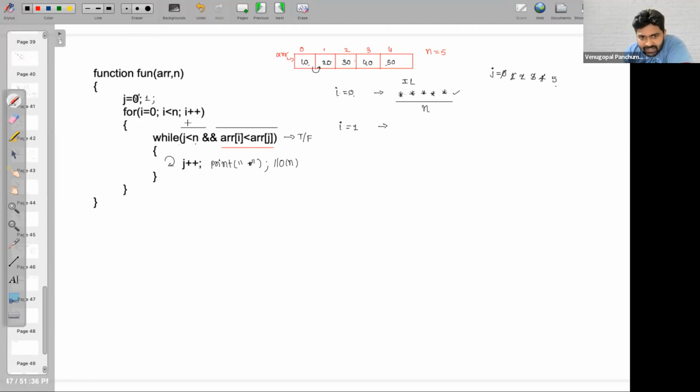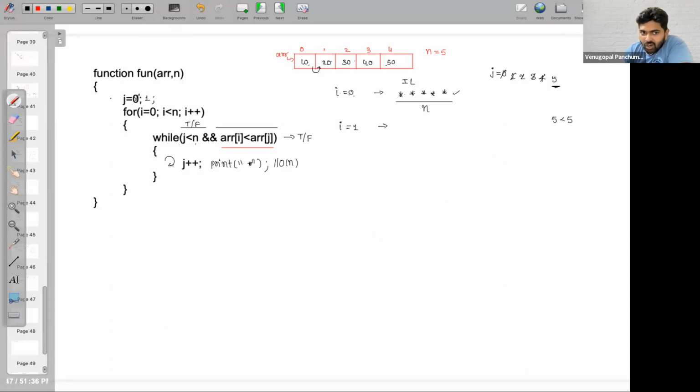Now tell me, is this condition true or false, the second time, when I is equal to 1? The J value right now is 5. So 5 is less than 5?